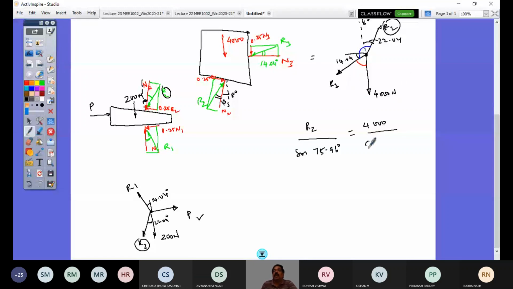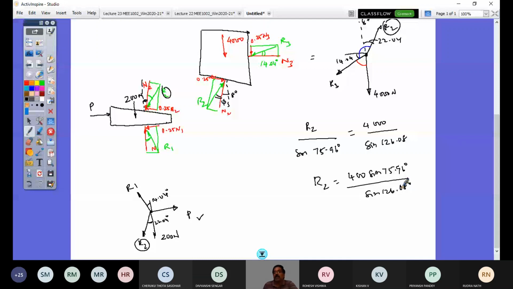So sine of the angle 126.08. So I get R2 equals 4000 sine 75.96 divided by sine 126.08 degrees. So take the sine of the answer, its reciprocal, multiplied by 4000.